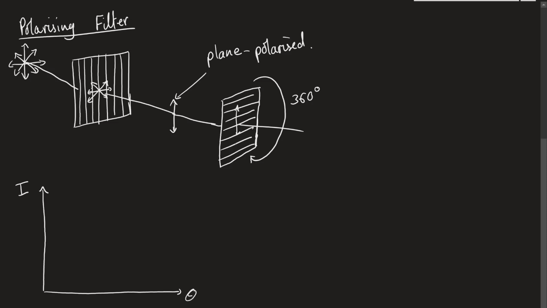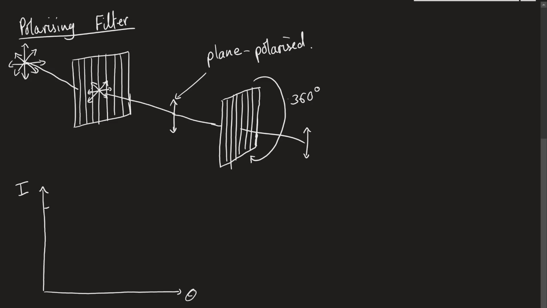So let's actually start vertically. Let's say we start with having vertical bars. That means light can pass through. Okay, so we will still see light, so we'll get high intensity through here.